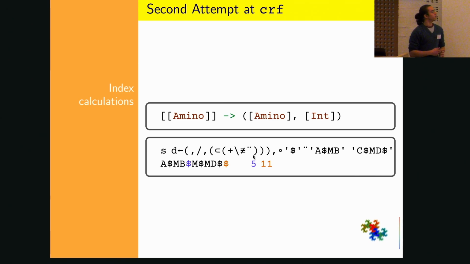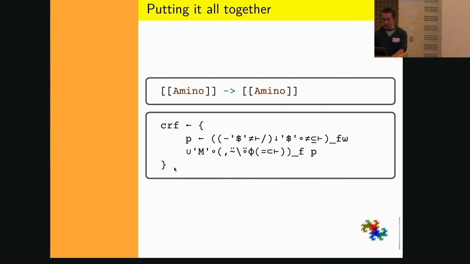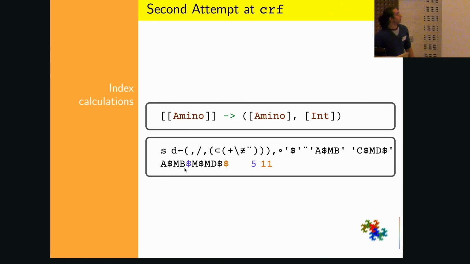And this introduces some degenerate solutions because, for example, this sequence $MB should not contain any amino acid sequences because the M is not followed by any $ signs. However, in the concatenated string, it is followed by these $ signs, which means that we will have to discard this solution somehow.